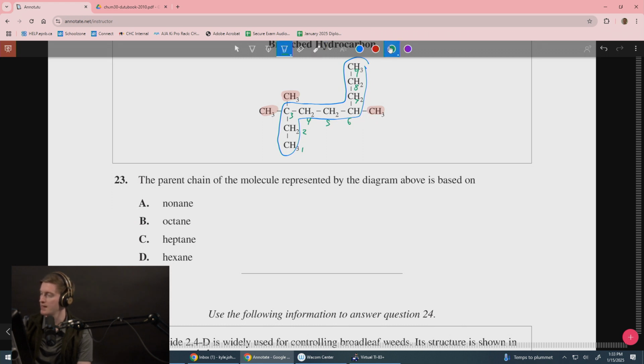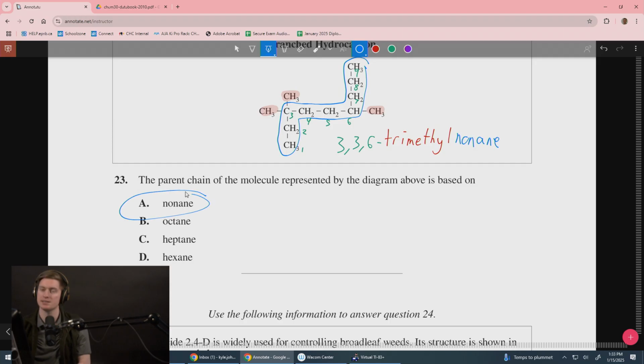So we would call this a 3, 3, 6 trimethyl, because there's 3 methyl groups. There's 9 carbons in the parent chain. That's nonane, which means that the parent chain here with its 9 carbons is a nonane.